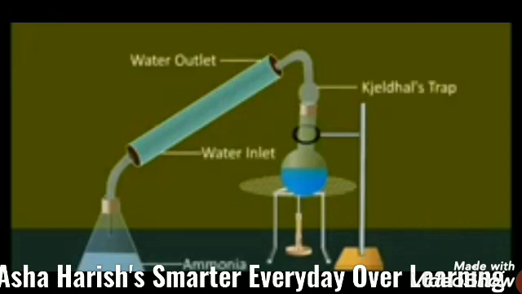The condenser has a water outlet and water inlet, and after the heating process to this Kjeldahl trap, ammonia fumes will come, and this condenses as ammonia solution. You can see in this picture the complete process while we are heating that organic compound. Now this is the apparatus experiment.